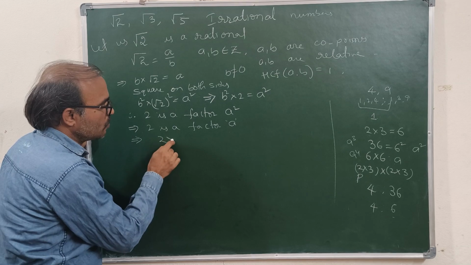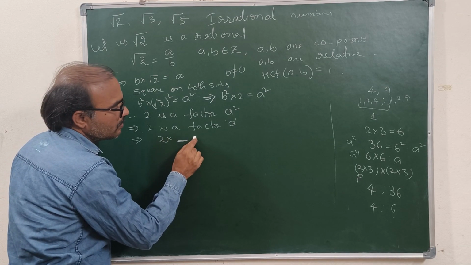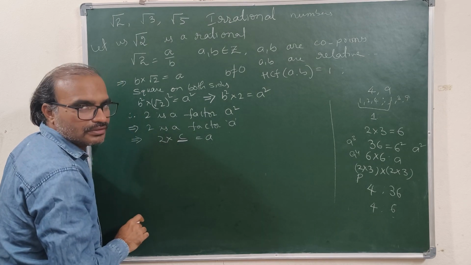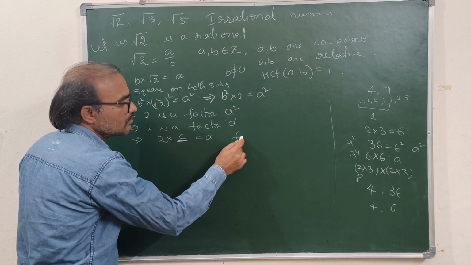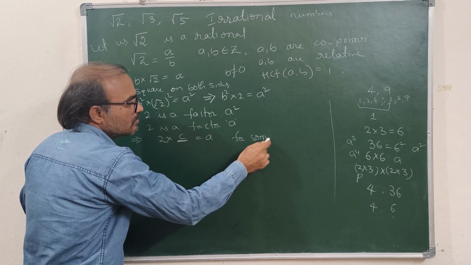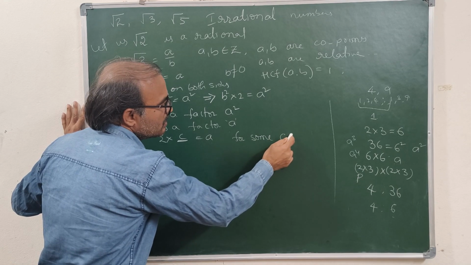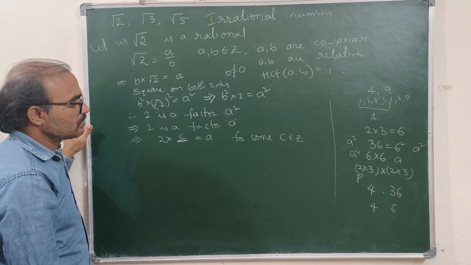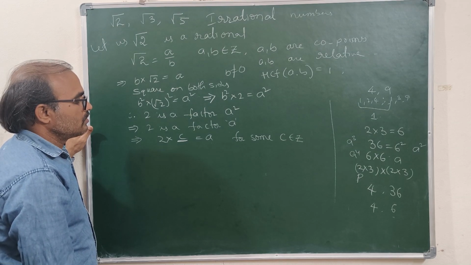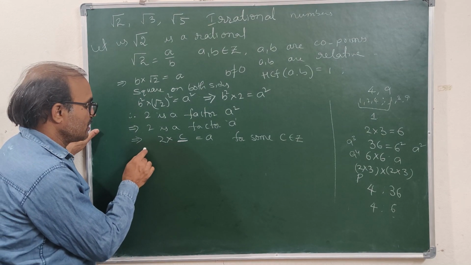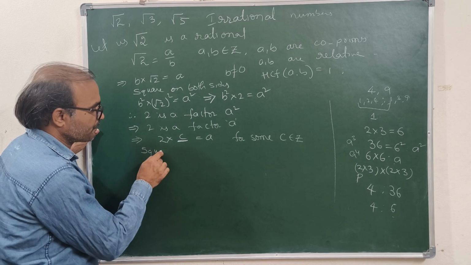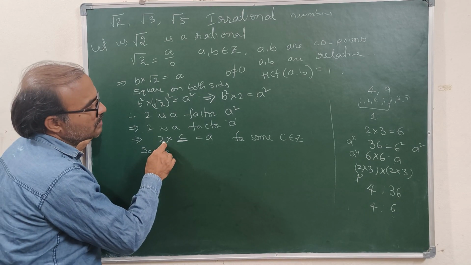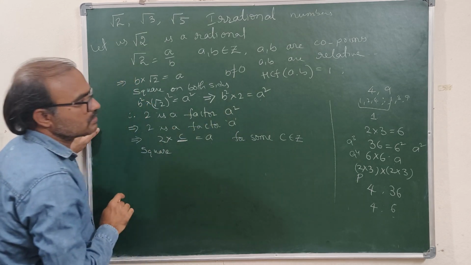So that is why 2 into some number is equal to a. Let this number be c, for some c belongs to Z. Now square this, or else substitute this into this.